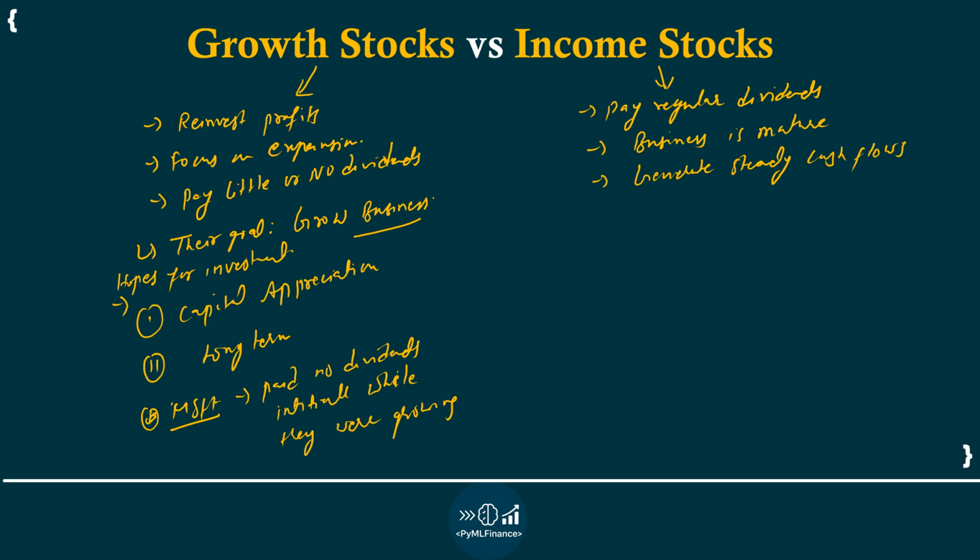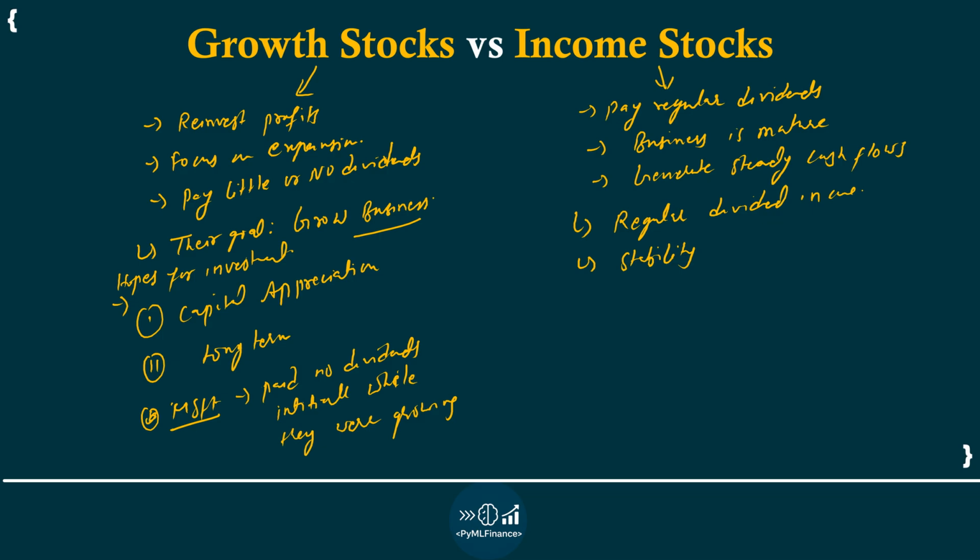And why do investors buy these stocks? Investors buy these stocks for regular dividend income and their stability. The business is stable, so investors buy them for the business stability as well.